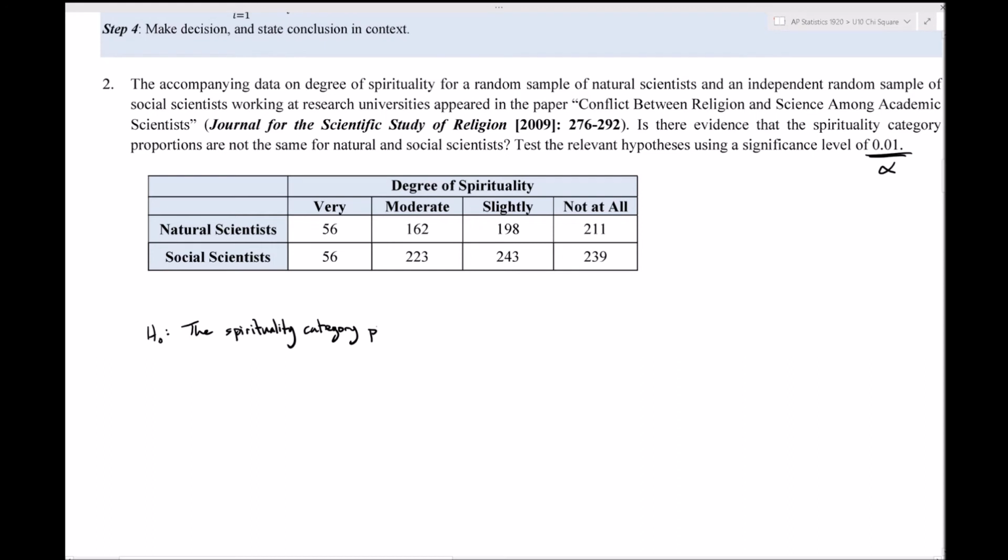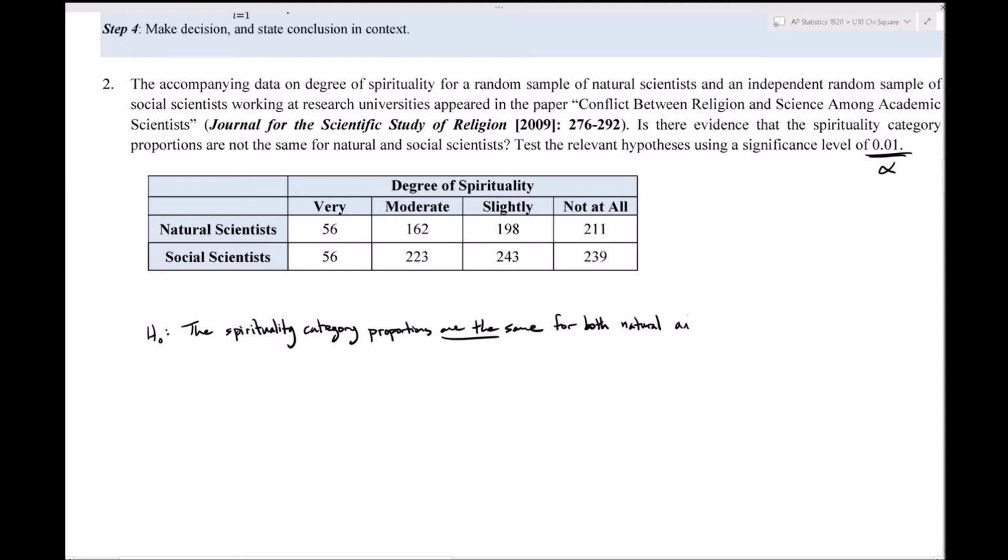Spirituality category proportions are the same for both. These are 2 different populations that we're comparing: natural scientists for the first population, and social scientists for the other population.